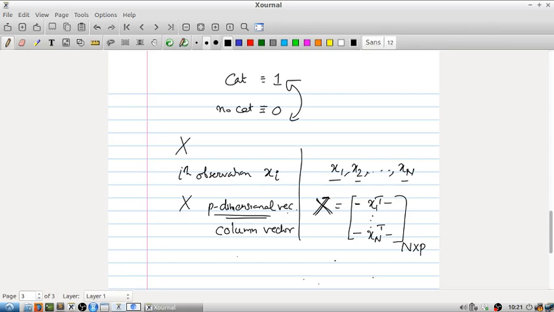So given this matrix capital X, what does the jth column represent? Any idea?